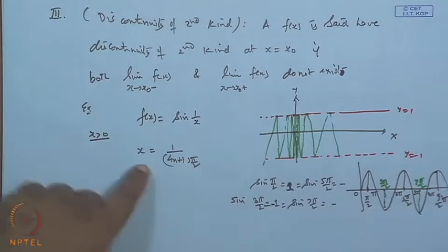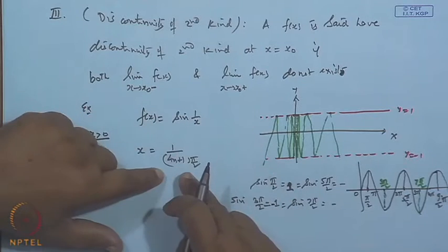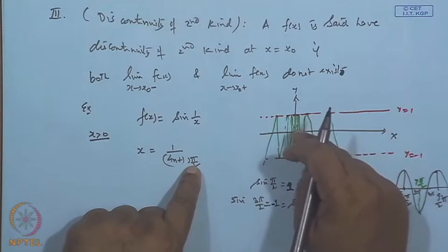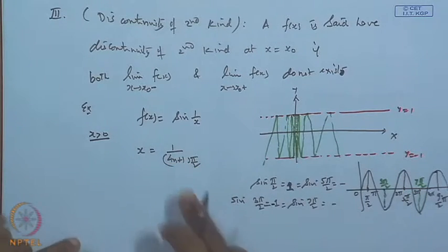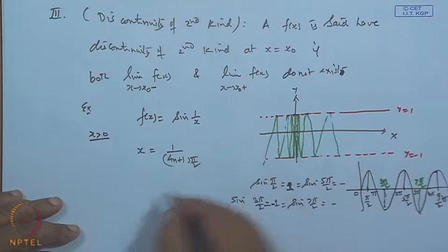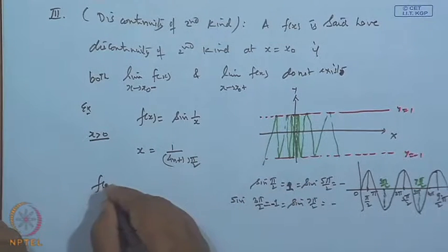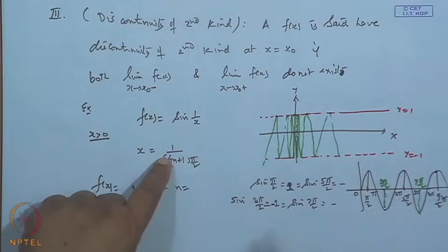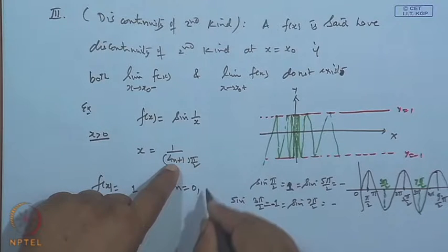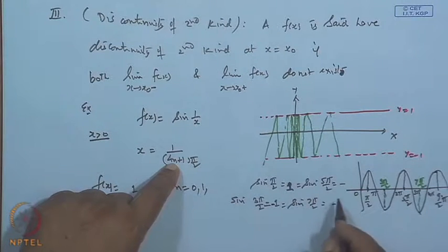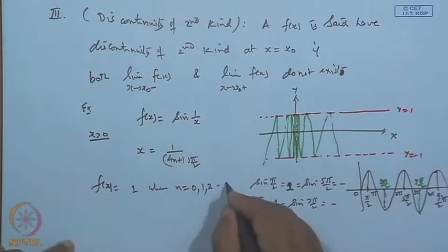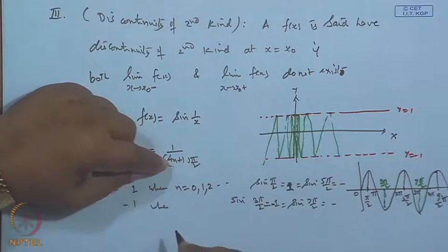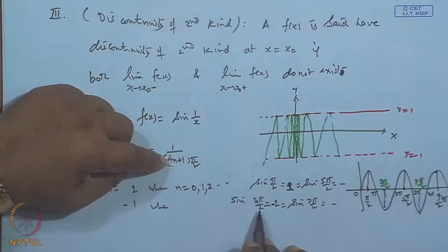It means that when n is sufficiently large, the point x is very close to 0. So the function f(x) has the value 1 when n is 0, 1, 2 and so on, and equals minus 1 when x is 3 pi by 2.